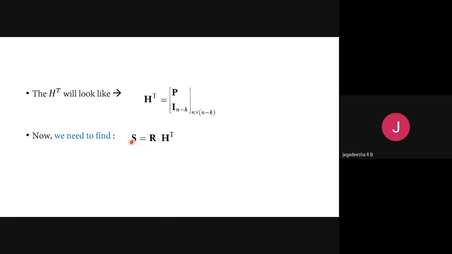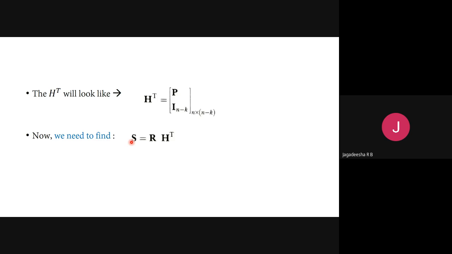With the help of the syndrome vector, the receiver or the decoder will decide whether there was error or no error. Ideally, the syndrome vector should be 0 to indicate that there is no error. But if the syndrome vector is not 0, then it indicates that there is some error. And it can also decide where the error was.